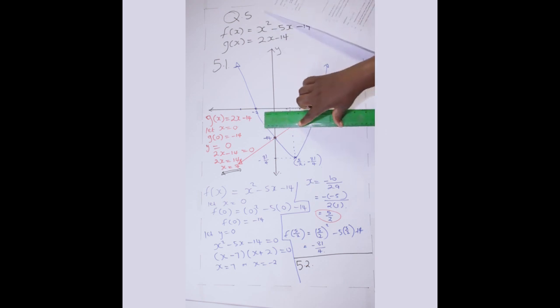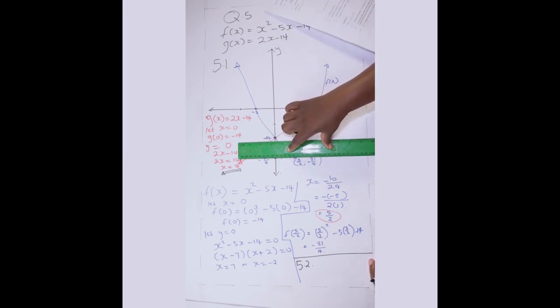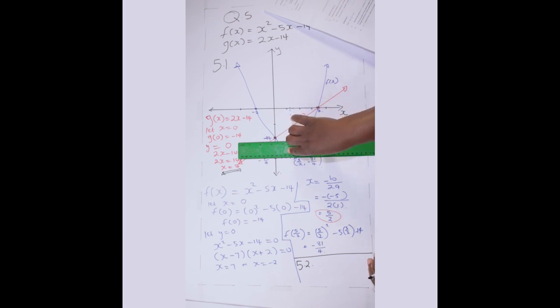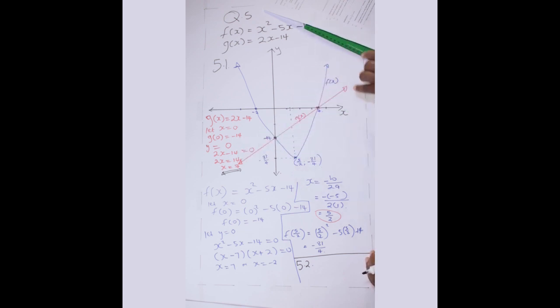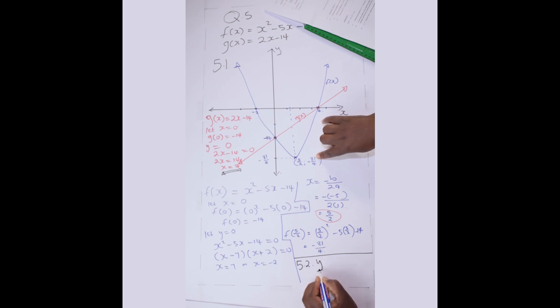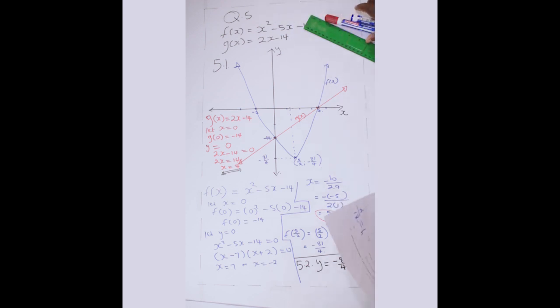The tangent there is a line that touches the turning point. So for that matter, the equation will be a straight line y equals negative 81 over 4. And they give you 2 marks just for recognizing that. Can you see how simple that is? Okay, that is the last part of the question, and thank you.